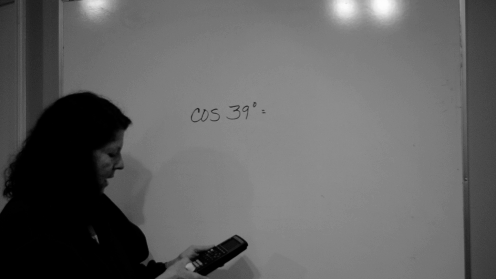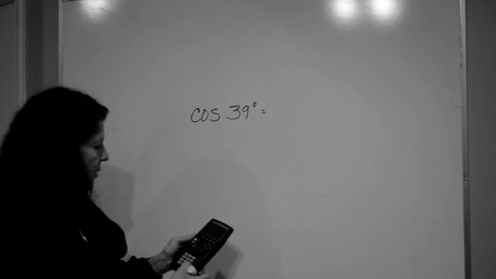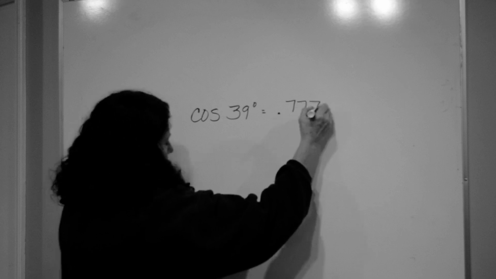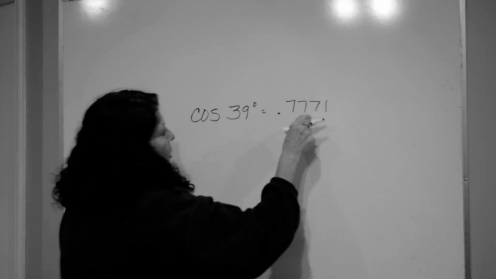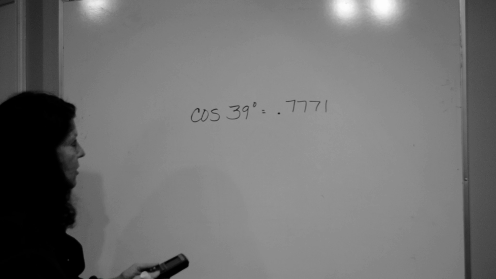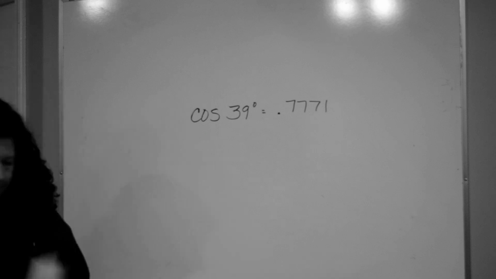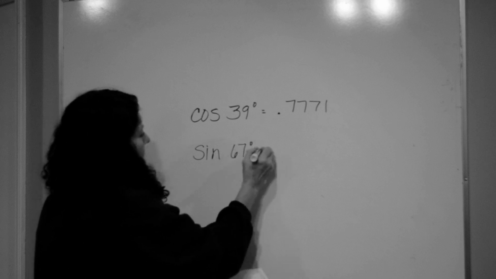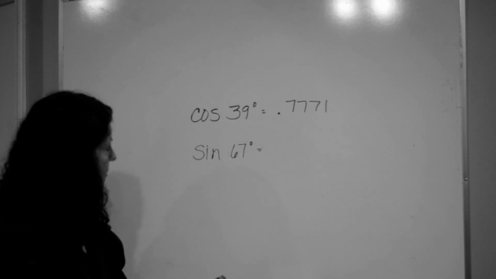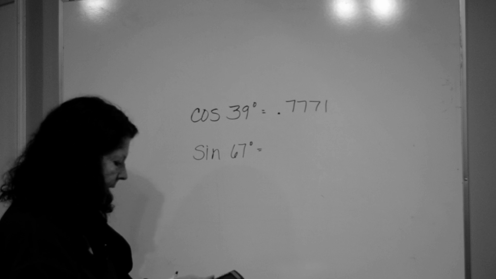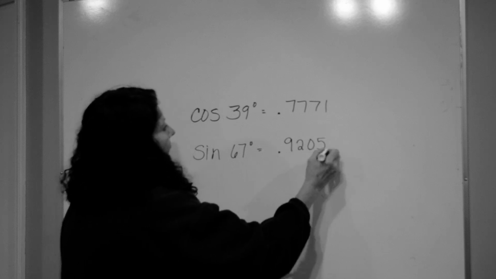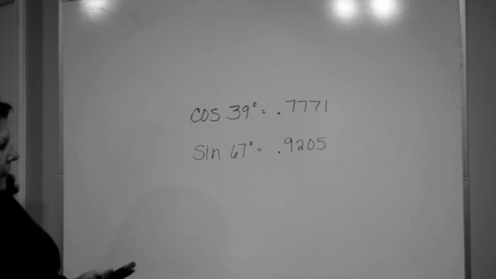So I just do cosine 39, because you get a cosine button on your calculator, and then I have to round it to 4 places after the decimal. So pick up your calculator and make sure you can do that. The sine of 67 degrees. Again, calculator use, sine 67, hit enter, and you're going to get decimal 9205. Make sure your calculator is set up correctly to do that.